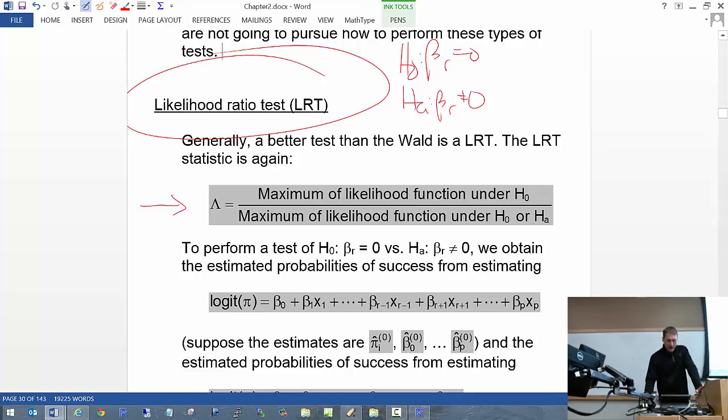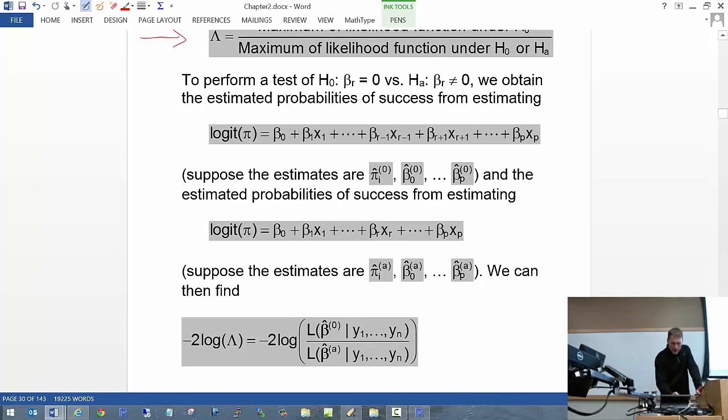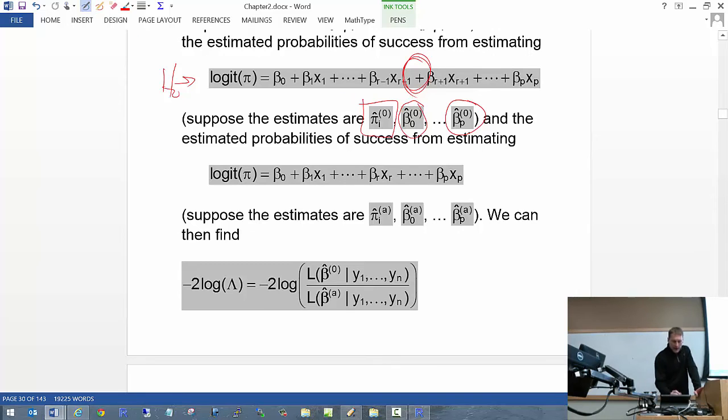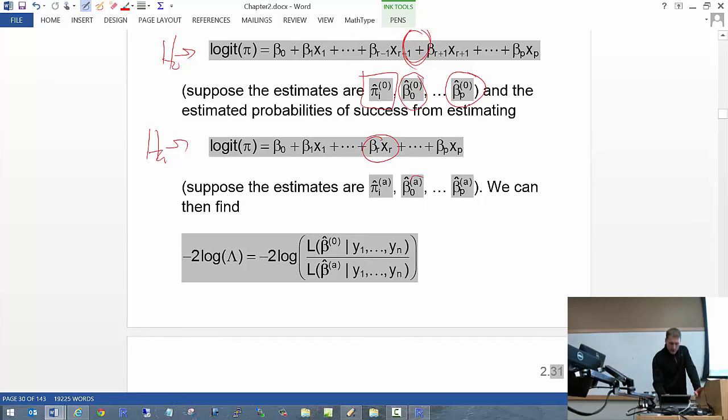Okay, so let's say then for notational purposes that when we look at the H0 model, notice you don't see the rth explanatory variable in there. Let's say that the corresponding maximum likelihood estimates are beta hat, and then we have a superscript 0 there to indicate it's under H0. So that's how all my beta hats are denoted. My corresponding pi hat will be denoted in the same way. Then for the HA model, which does include that rth explanatory variable, we have the same thing, but now we're going to use a superscript A to denote these are the estimates under the HA model.